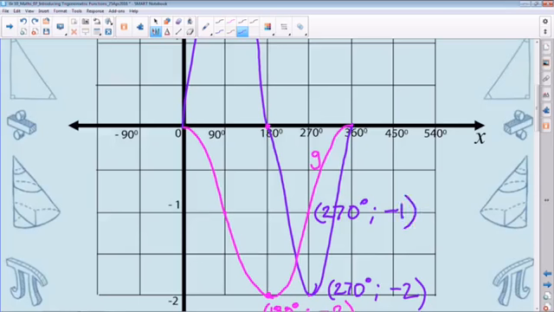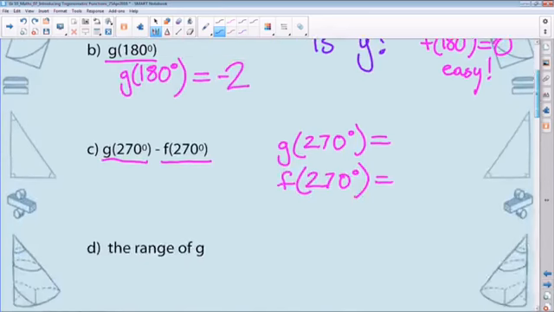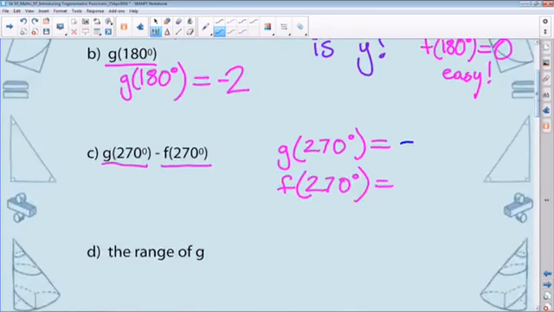Now I can actually figure out, using these two values, what the difference is between those. But let's do it mathematically. So we've got -2 and -1 as our two answers. So let's write them in. g of x was -1 and f of x was -2. I'm feeling unconfident, so I'm just going to look again.